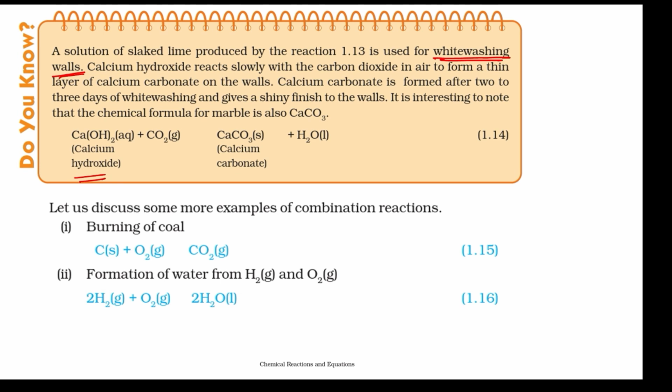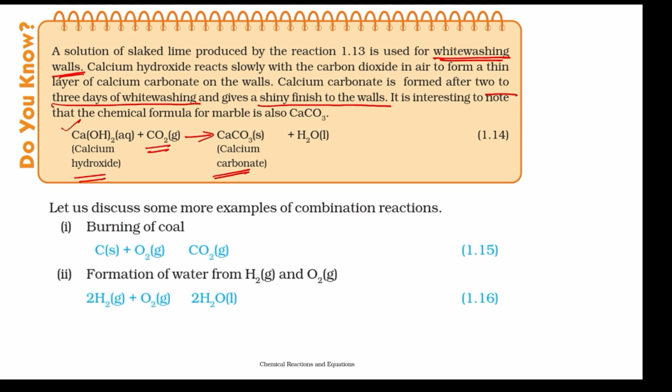The reason is ये जो calcium hydroxide है, it reacts with the carbon dioxide of the air and forms calcium carbonate and water. ये जो calcium carbonate बन रहा है, it is formed after 2 or 3 days of whitewashing, okay? And it gives a shiny finish to the walls, right?